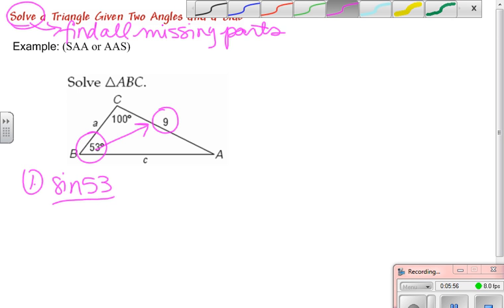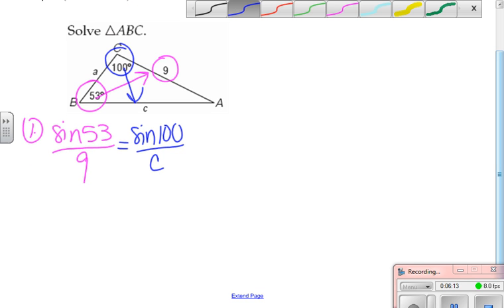Sine of 53 over 9. I know 100. I don't know its side opposite, so I'm going to do the sine of 100 over C. That's going to be the first place that I start. And when I cross multiply, I end up with C sine 53 is equal to 9 sine 100.